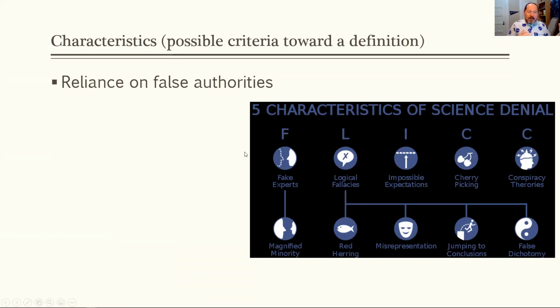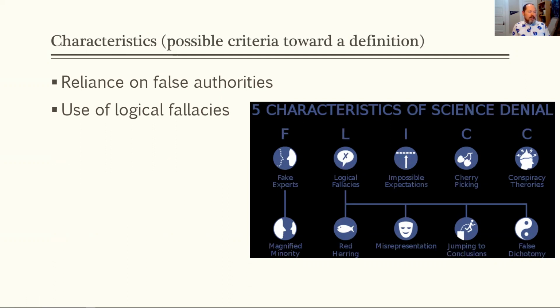This is a logical fallacy in itself, an appeal to a false authority, and it affects their credibility as the people making the argument. Other logical fallacies that they use would be the red herring. That's when you try to make some sort of a diversion or change the subject from something you don't want to deal with.